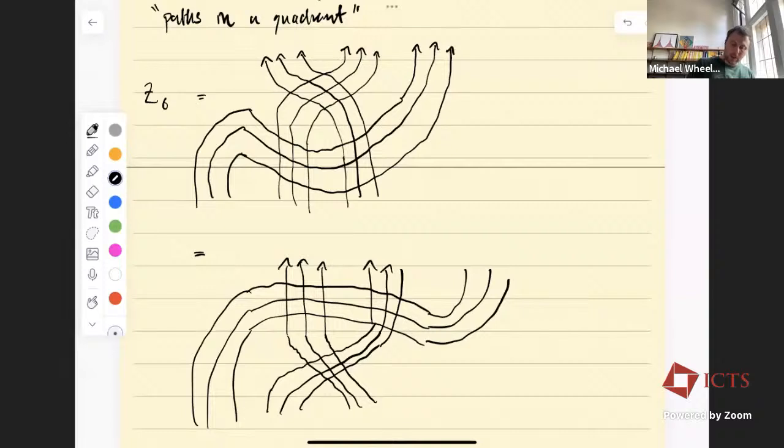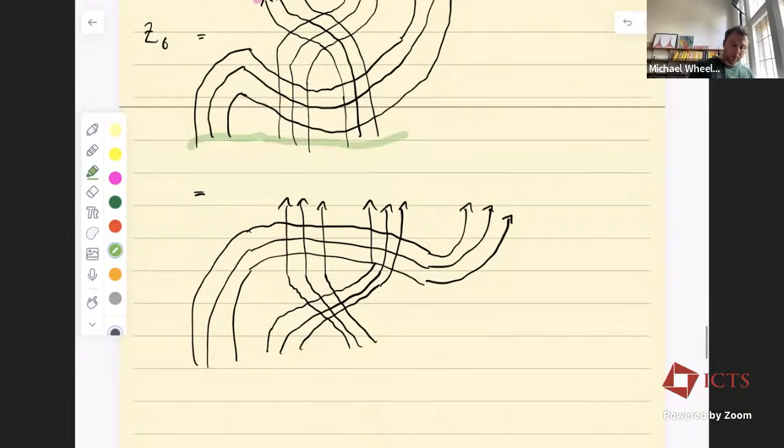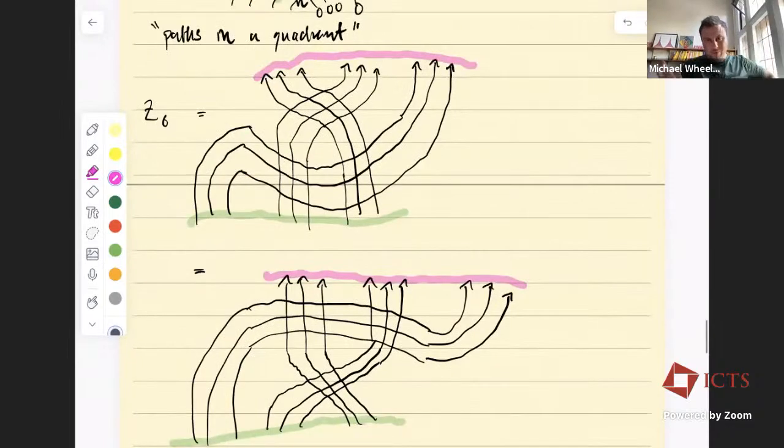Okay, so if I fix the states that live along the bottom to be some fixed choice, and I fix the states that live along the top to be some fixed choice on both sides of this identity, then this is a true statement. All of these are supposed to be fixed, and then you're summing over the very complicated stuff that's happening in between.